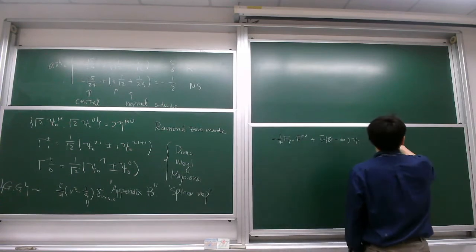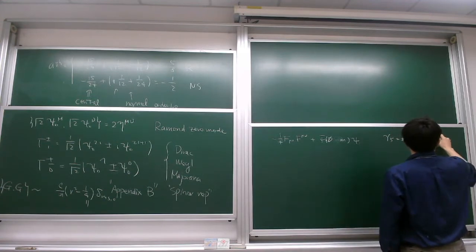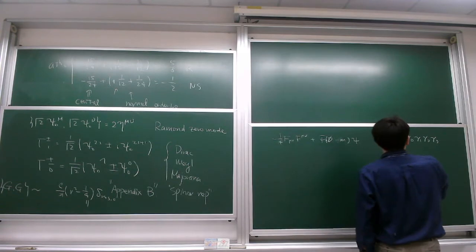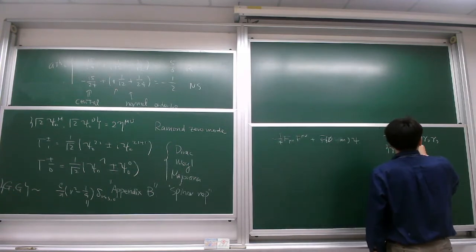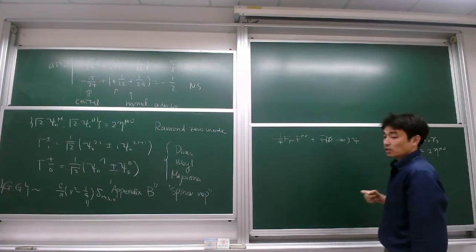And then you have gamma matrices, gamma 5, some number times gamma 1, gamma 2, gamma 3, and so on. Then you have the Clifford algebra. That's what you learn in QED.